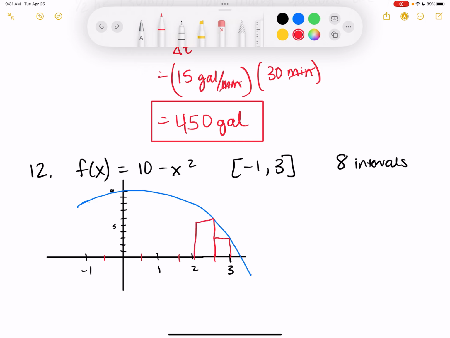Oh, that was not what was supposed to happen. These are given to you also, so you only have to really draw them if you want to.